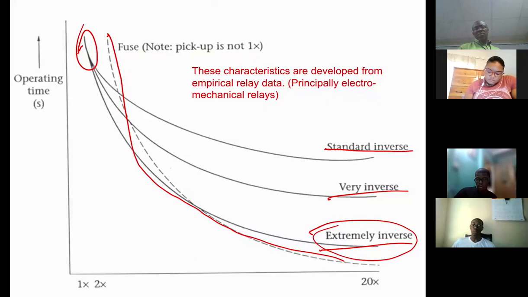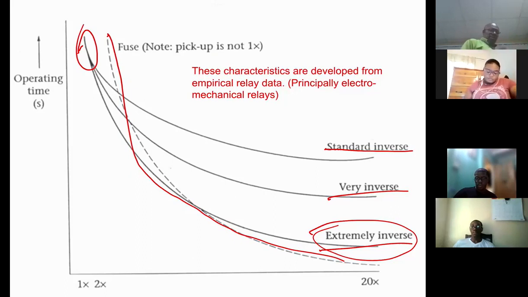And as I mentioned at the beginning, the whole activity of coordination will require that you use characteristics that are close together, because that will reduce the difficulties associated with coordination.